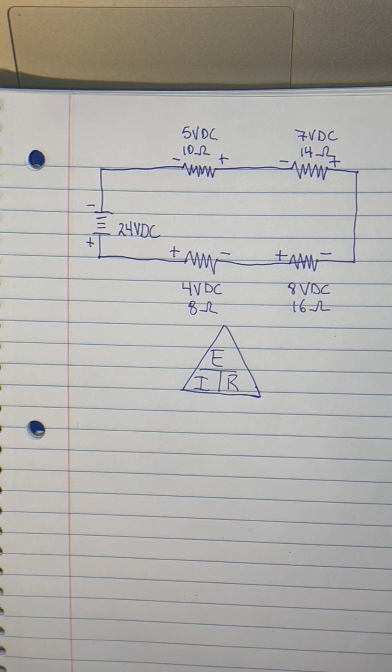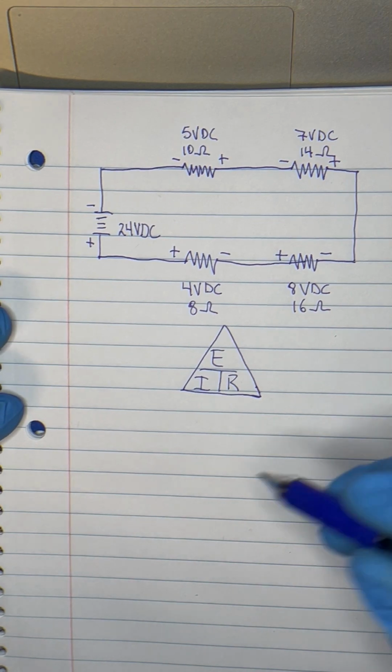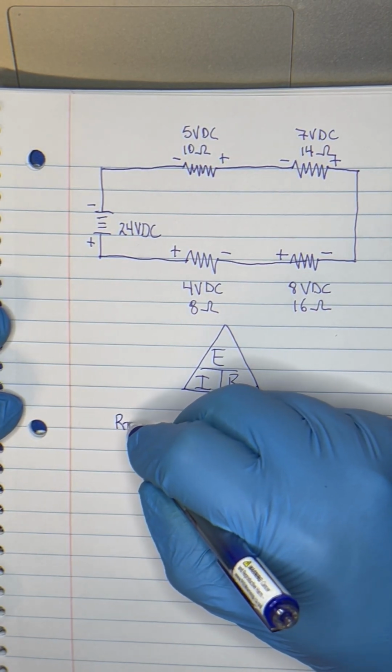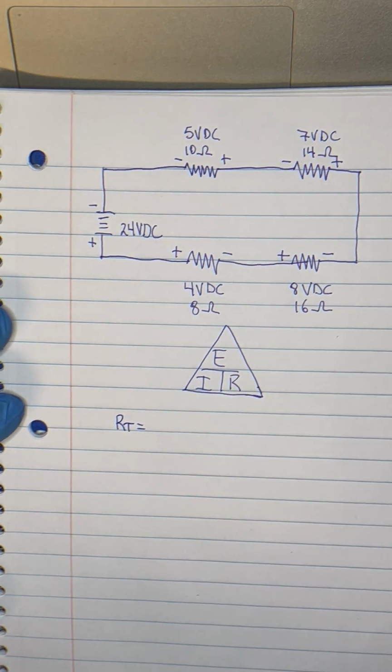Therefore, the total amount of resistance to current flow in a series circuit is equal to the sum of all the resistances in that circuit. So what we have to do first is to find our total to solve the circuit.